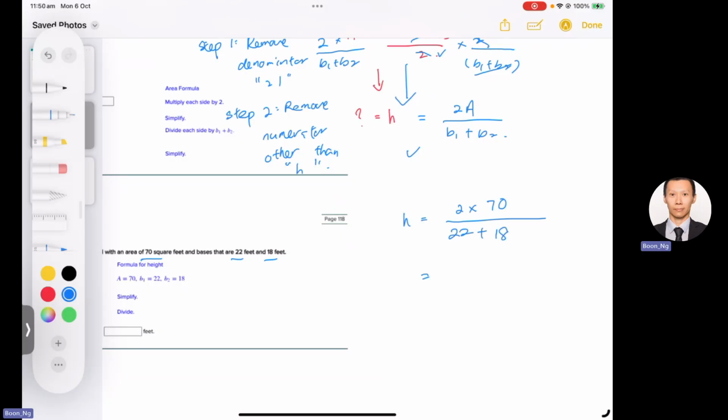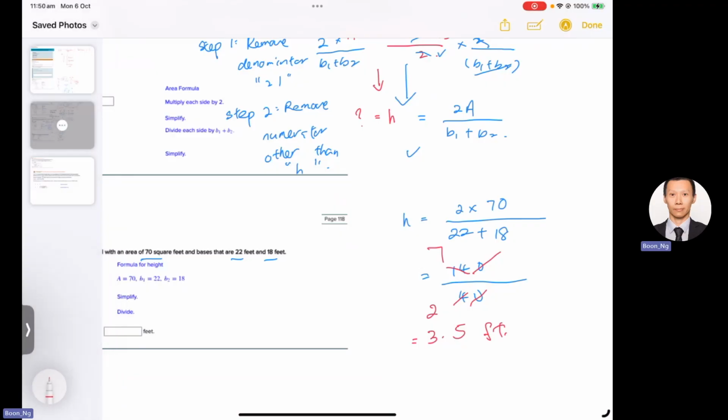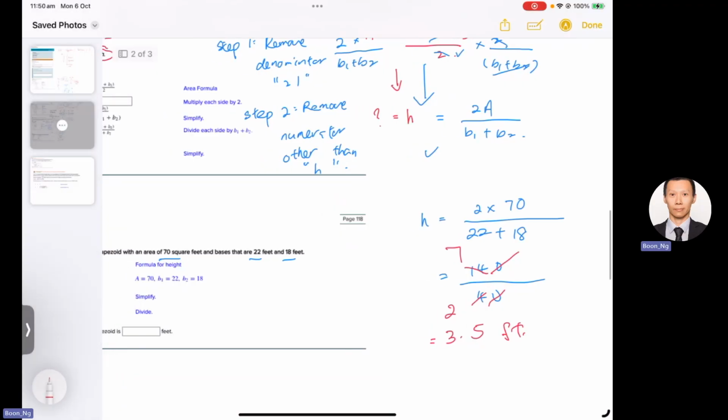If we work on it, 2 times 70 is 140. 22 plus 18 is 40. We can simplify a little bit. The answer will be 3.7. No, 3.5, sorry. 3.5 feet. I don't know how I got 3.7, but my brain just doesn't work.